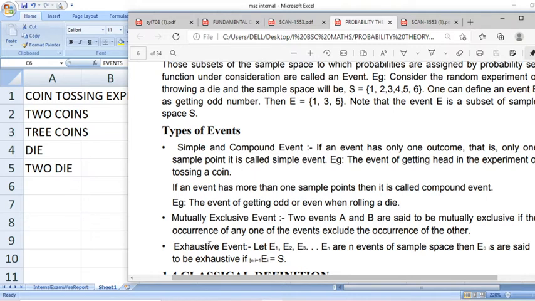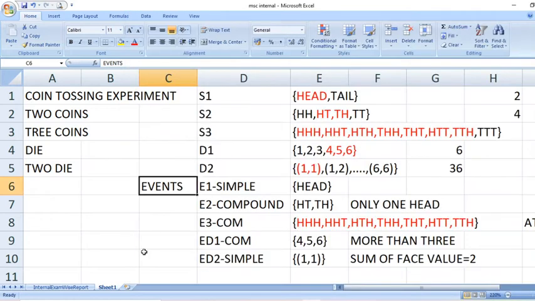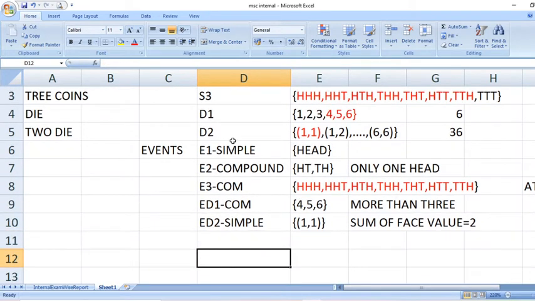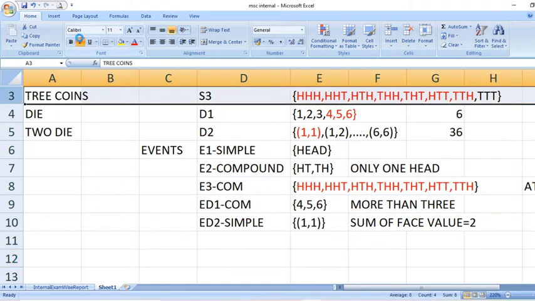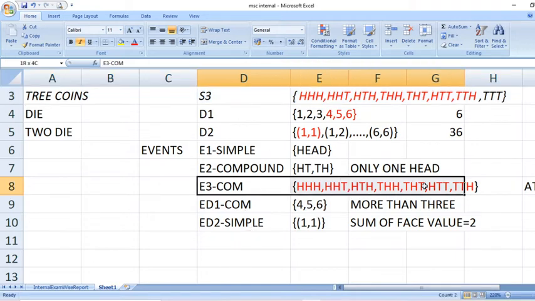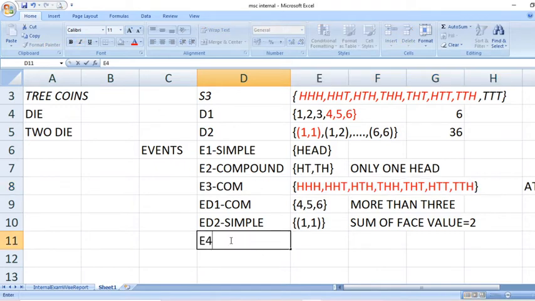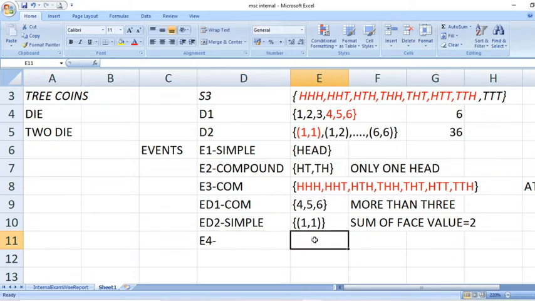Okay, next is mutually exclusive events. So what is a mutually exclusive event? You can take two events. For example, consider this sample space S3. In this case, this is an event. We can also consider E4 equal to just TTT.